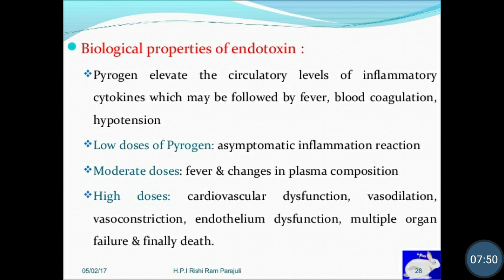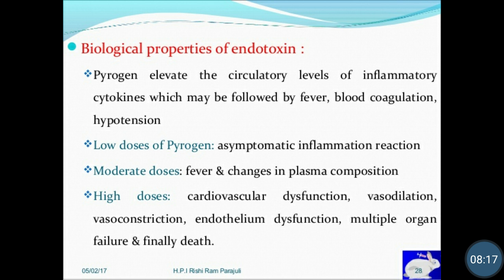Next we will see the biological property of these endotoxins, that is pyrogens. Pyrogens elevate the circulatory levels of inflammatory cytokines, which may be followed by fever, blood coagulation and hypertension. As you know, inflammation is a defense mechanism.